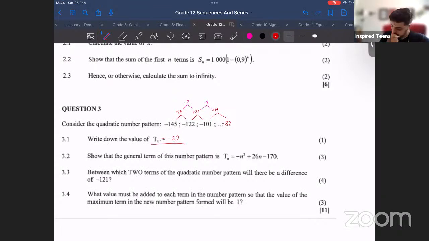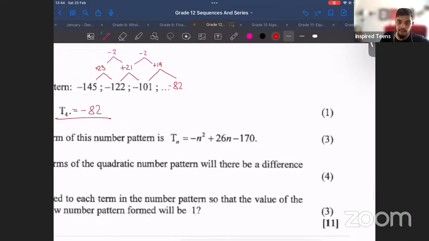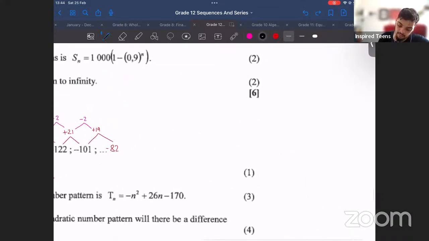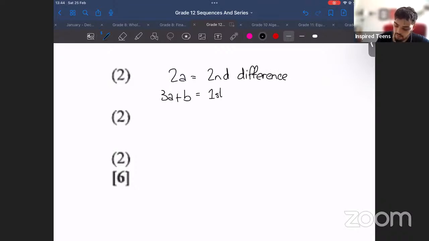Show that the general term of this number pattern is Tn is equal to -n squared plus 26n minus 170. Please remember the following. 2a is equal to the second difference. 3a plus b is equal to the first difference.